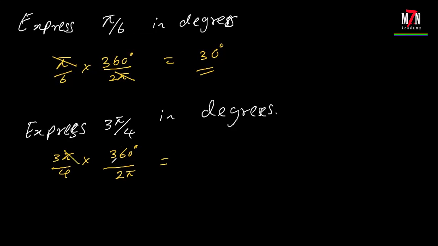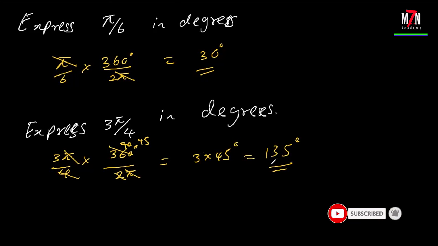Then you can cancel pi and pi. You can divide by 4, that will be 90, and you can divide by 2, that will be 45. Then 3 times 45 degrees is 135 degrees.